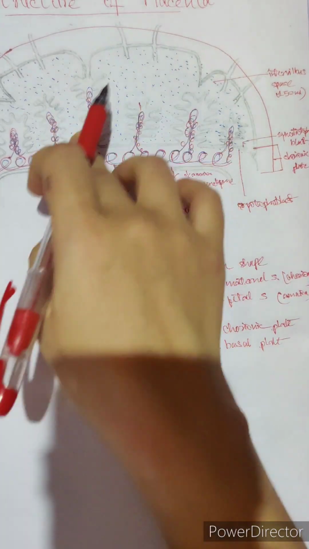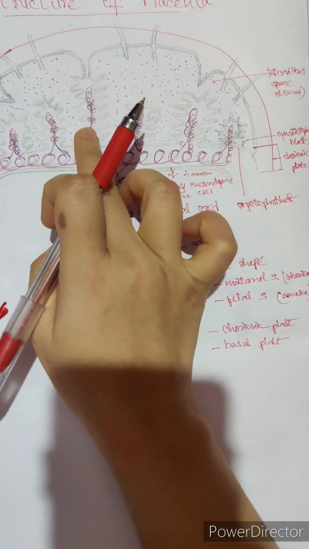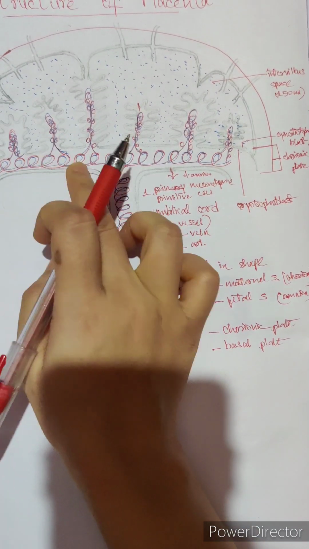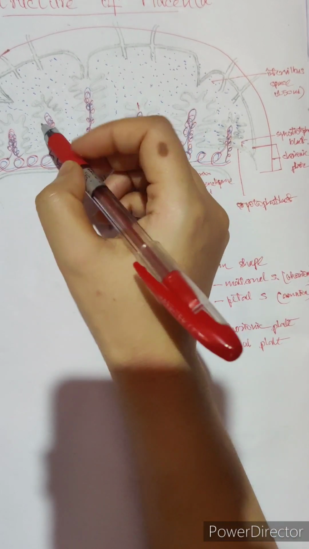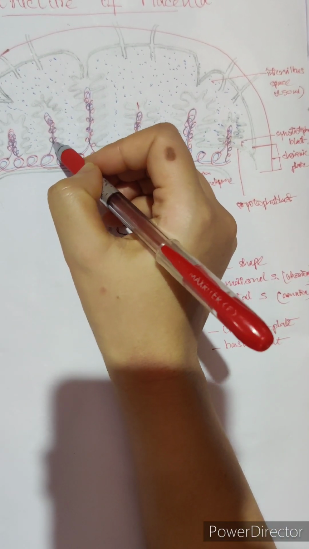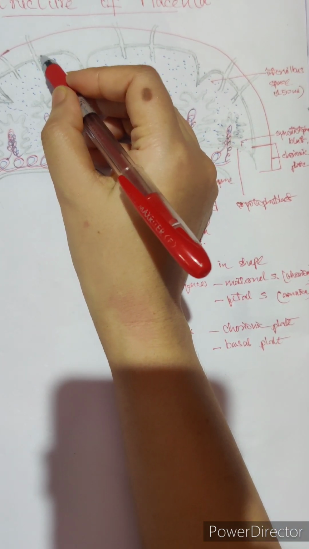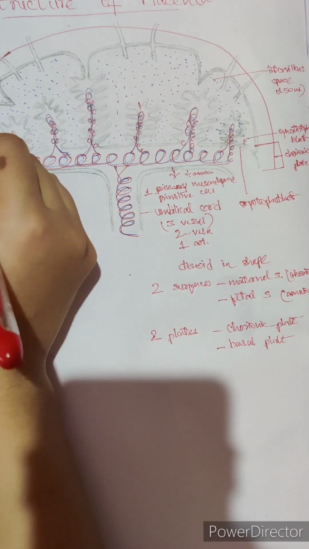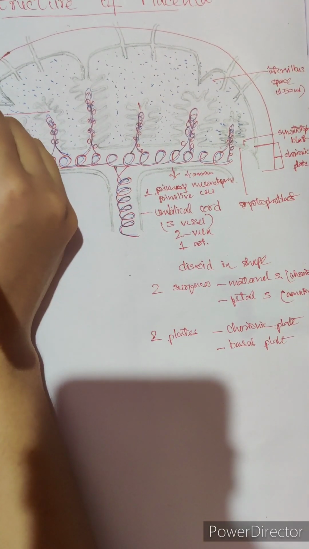As you can see, there are two types of villus system. The first one opens up from the chorionic plate, but it does not go up to the basal plate. This type of villus is known as nutritive villi.